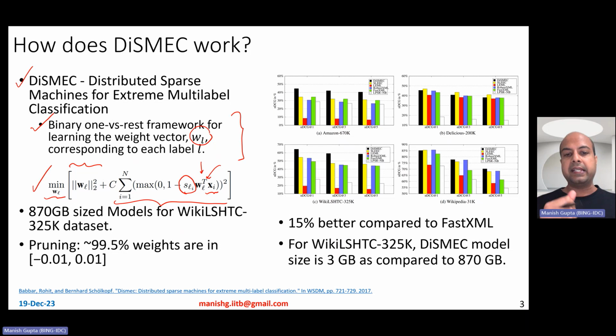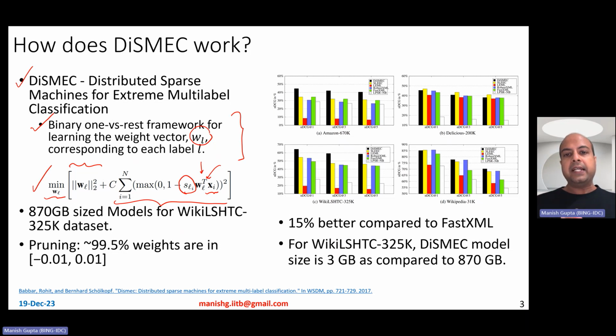So essentially, if the data instance xi belongs to the label class L, then you have SLI positive, else you have it negative. So it controls for positive instances and negative instances, and this loss function just ensures that it learns a WL which has very high similarity with positive instances and very low similarity with negative instances.